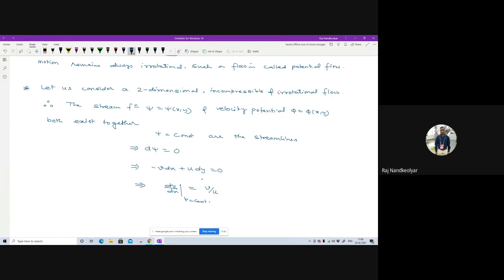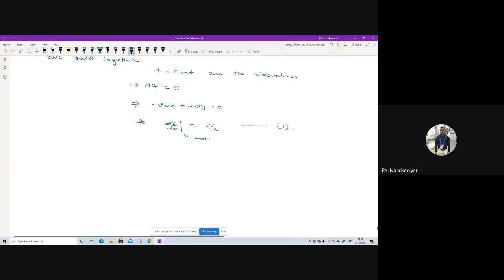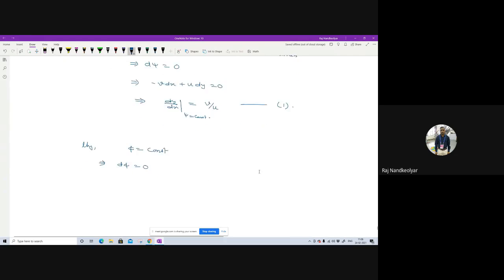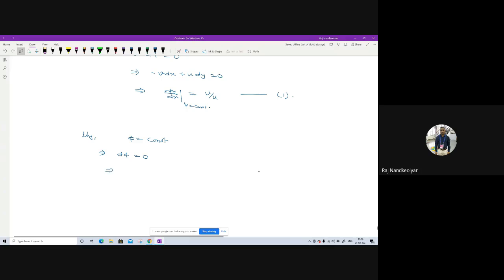So actually we are trying to find out what happens with psi equal to constant and phi equal to constant. So let us say this is 1, and similarly phi equal to constant will give you d phi equal to 0. And if it is d phi equal to 0, it means what? It is del phi del x dx plus del phi del y dy equal to 0. I hope it is clear.